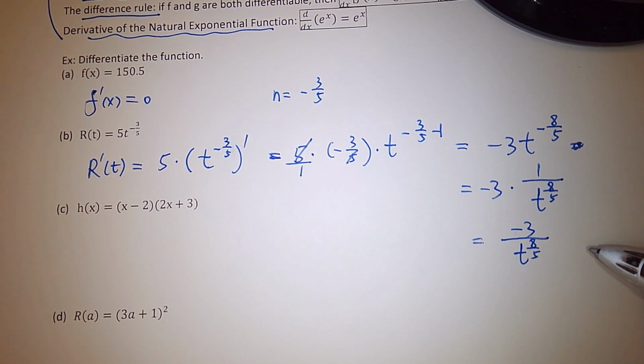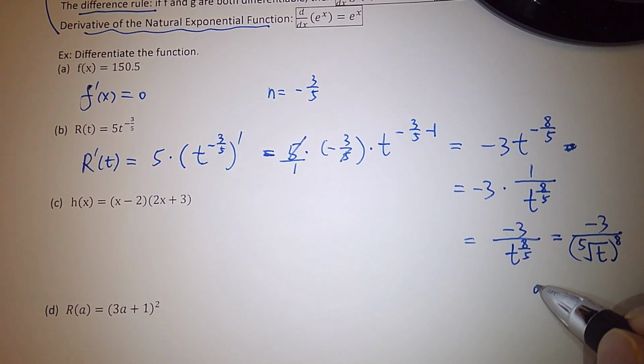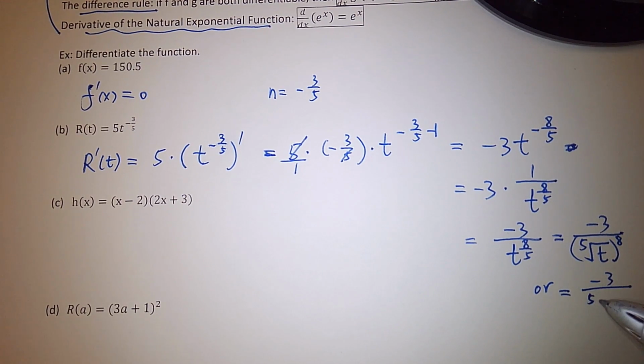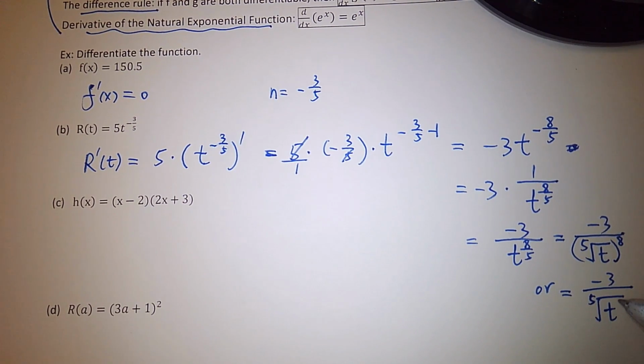And some of the questions may ask you, can you rewrite this answer with a radical expression? Yes, we can. It is going to be negative 3 divided by the fifth root of t to the 8th power, or negative 3 over the fifth root of t, to the 8th power.